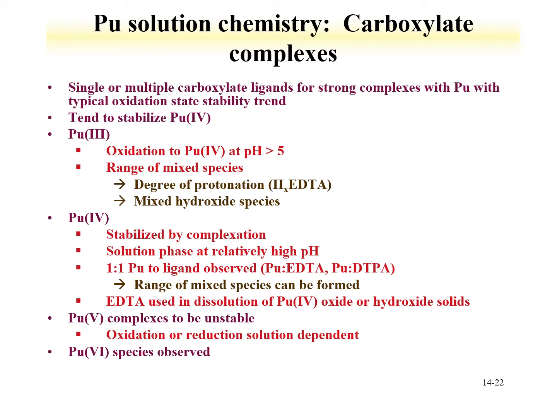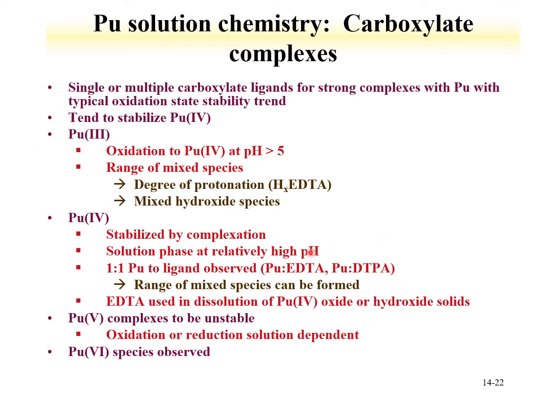Plutonium-4, as we already mentioned, is stabilized, and you can form these compounds, and plutonium will stay in solution at relatively high pH. And if you remember looking at the speciation diagram of plutonium-free metal at any sort of pH, you tend to get a precipitate. However, if there's a carboxylic based ligand in your system, you can have solution phases.